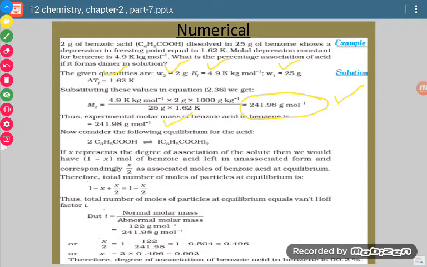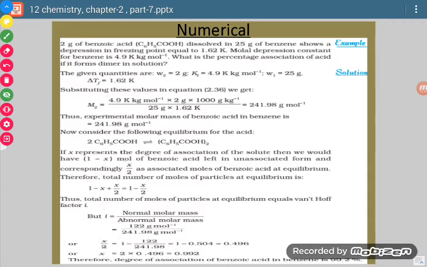Now, if we see the formula of benzoic acid, then its molecular mass value is 122. See, here we are getting 241.98, and normally from the formula its value is 122 gram per mole, or we can say just 122. Okay. Now how to use this data?